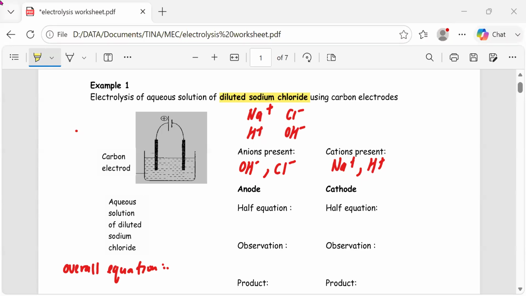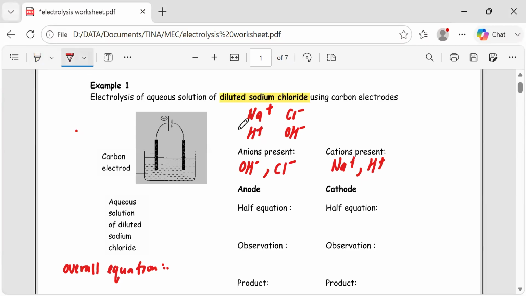Okay, so diluted, you have a choice between hydroxide and chloride. Diluted, who do you choose? Hydroxide. So the half equation will be this.